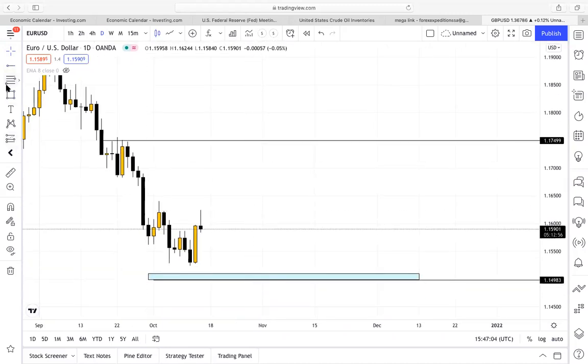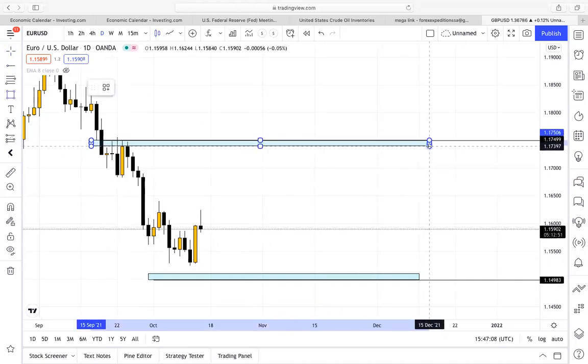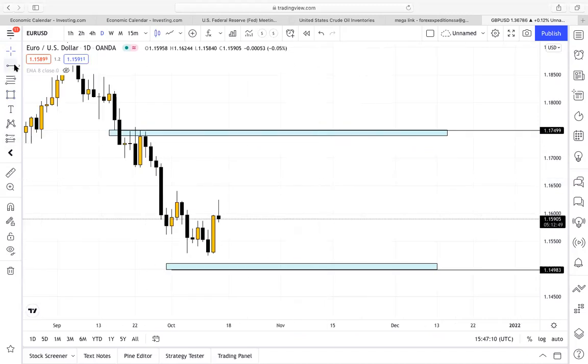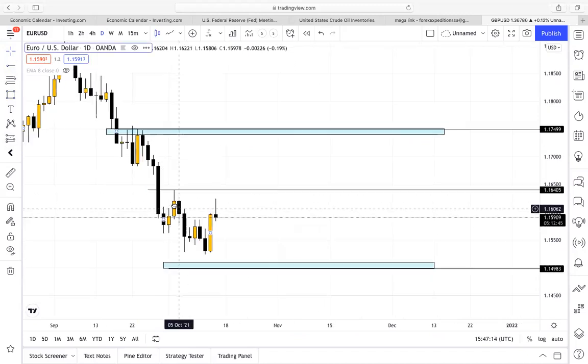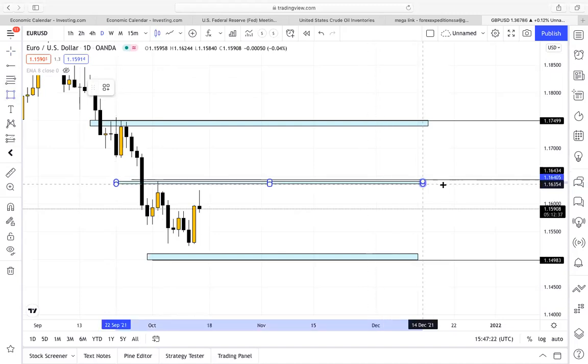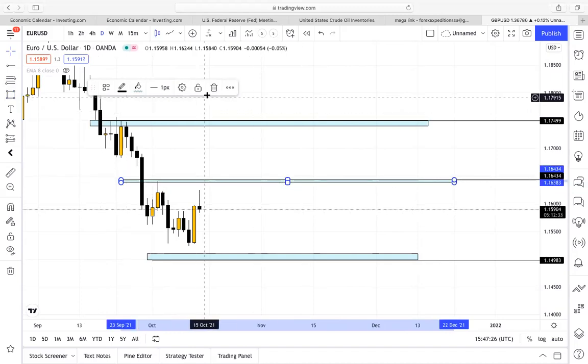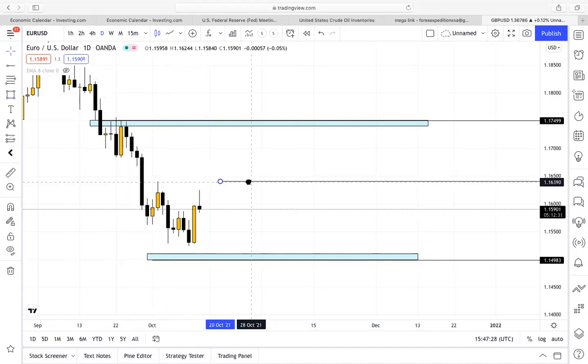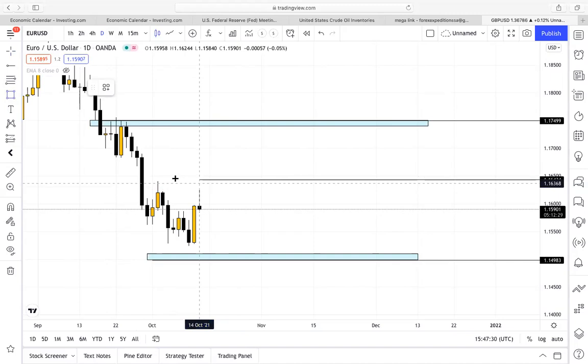Does that make sense to you guys? The last time price stopped, I'm not going to ignore that, which is this key level. And it's also a whole numbered level because it's 116,500. Or we can just do that and focus on 116,500 like that.